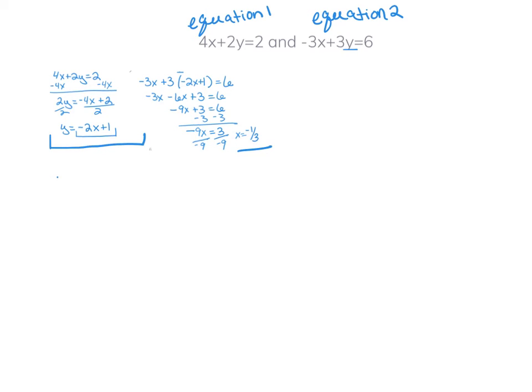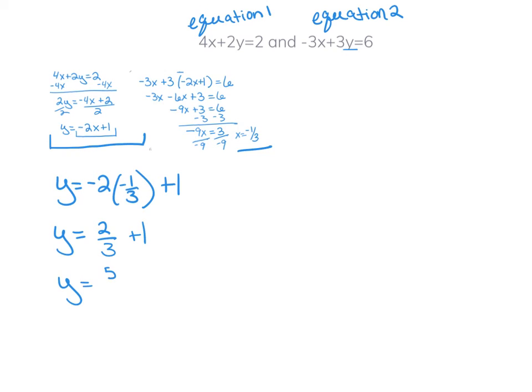So we're going to do y equals negative 2 times negative 1/3 plus 1, which equals y. 2/3 plus 1, so y equals 5/3. This gives us an ordered pair of negative 1/3, 5/3.